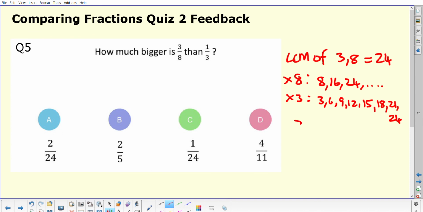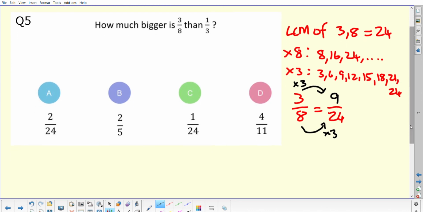So that means we're going to write each of those as something out of 24. So we take our 8, we are timesing by 3, and we would need to times the top by 3, so we would get 9 out of 24. We do the same thing with the 1/3, and we have our 1/3 equal to something out of 24, and if you work out with your tables, you're times them by 8, top and bottom, means that you're only going to have 8 here.